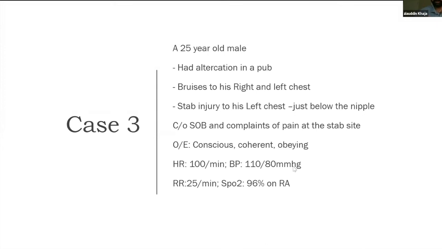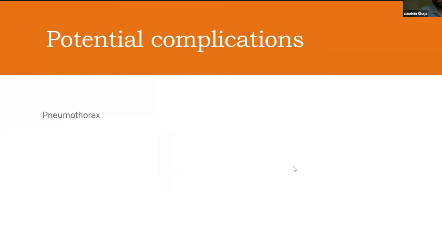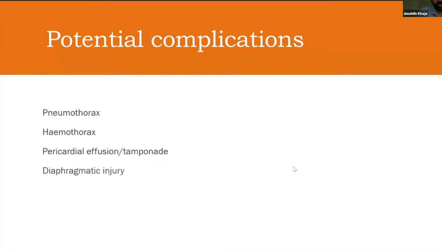All these possibilities can happen, especially if there is a stab injury, like cardiac tamponade. I've listed only a few: pneumothorax, haemothorax, pericardial effusion or tamponade, or diaphragmatic injury as well.